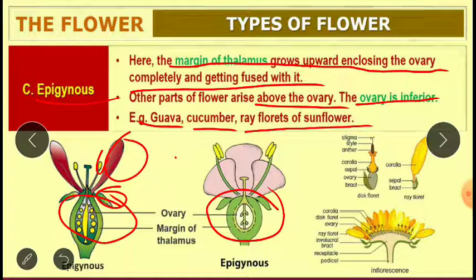So this is all about the types of flowers. You can observe how there are different types of flowers. They are asymmetrical flowers, actinomorphic, zygomorphic, epigynous flowers, perigynous flowers, bractate, ebractate. So these are the different criteria on which flowers have been classified. So this is all about the types of flowers.